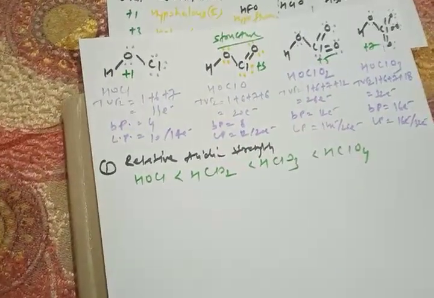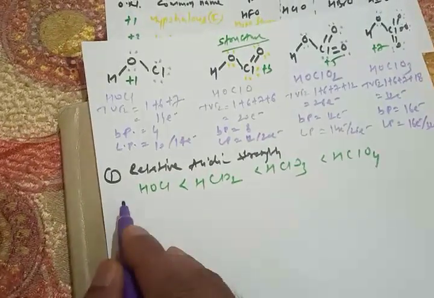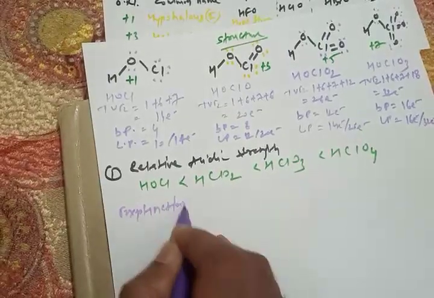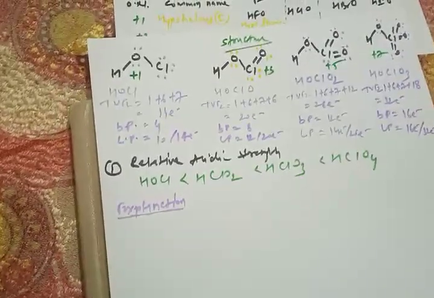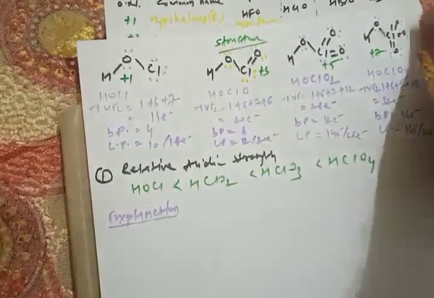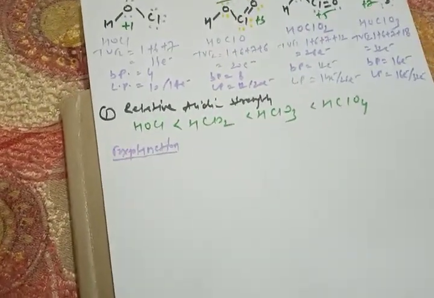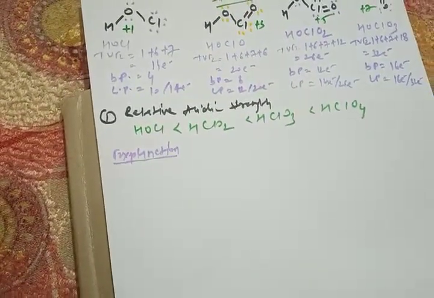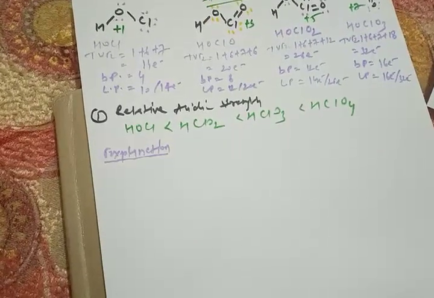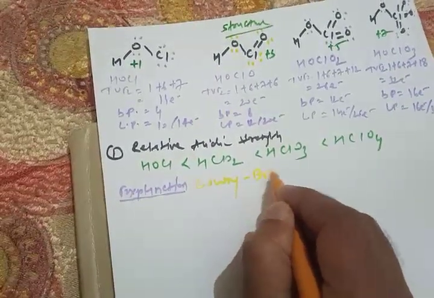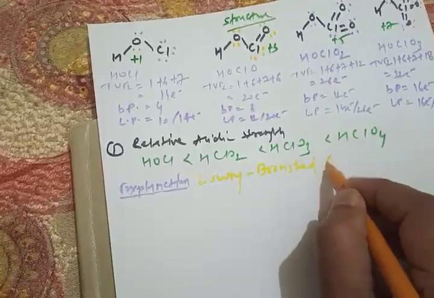But there is an explanation. We will go for this explanation because so many times we say that as the oxidation number is increasing, the acidic character is also increasing. So what is happening, we will discuss in this explanation. This explanation is based on a concept called the Lowry-Bronsted concept.